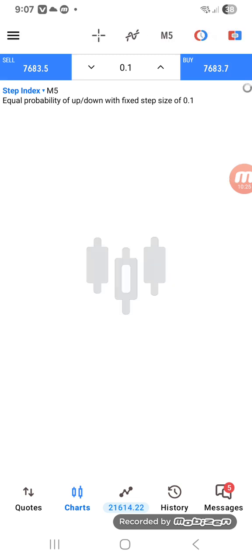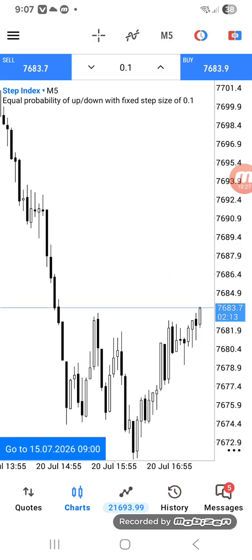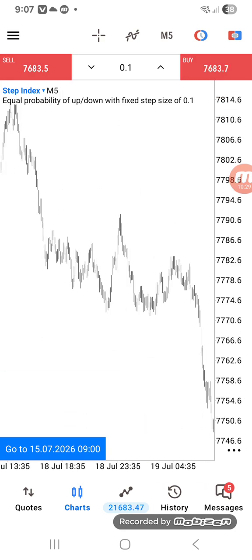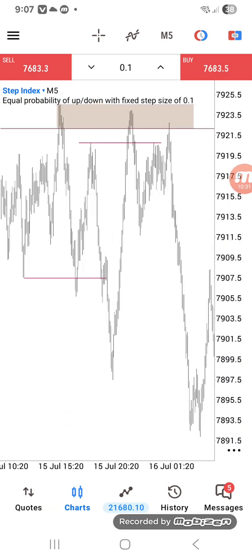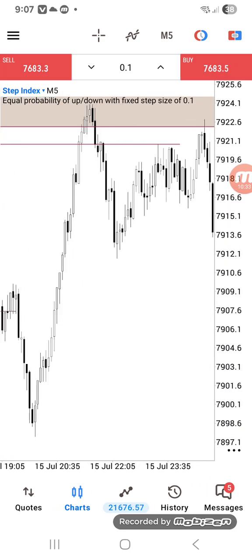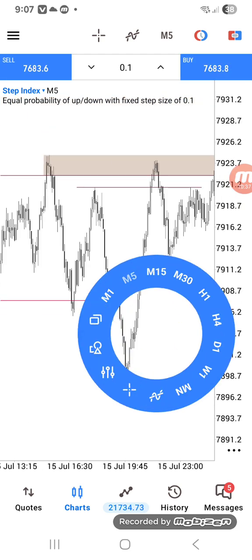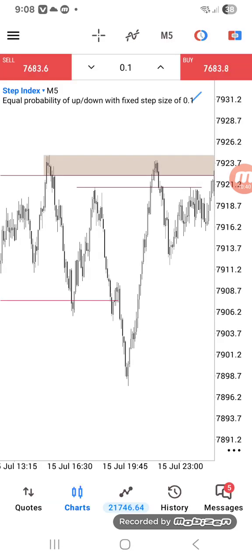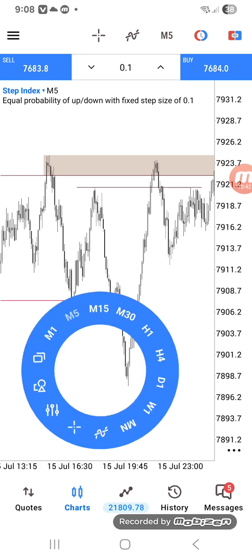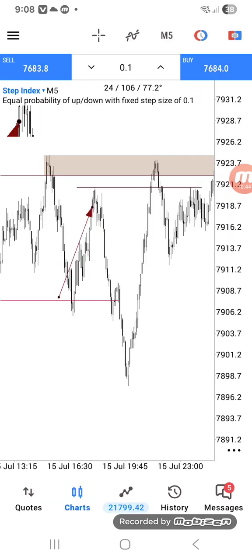Now we can move to the 5-minute time frame. On the 5-minute time frame, my confirmation was when this high was taken, this high became protected.